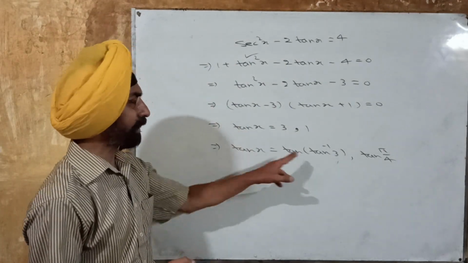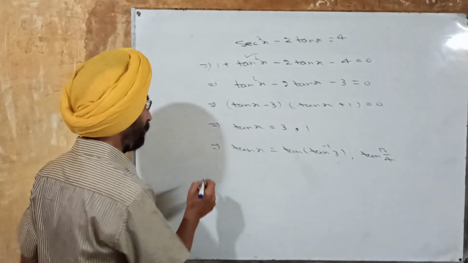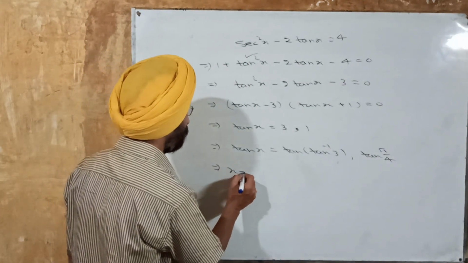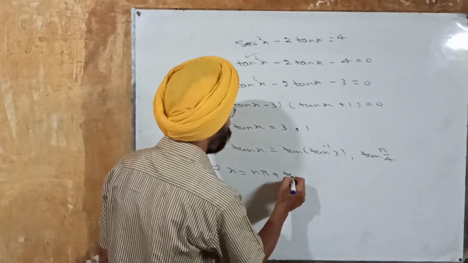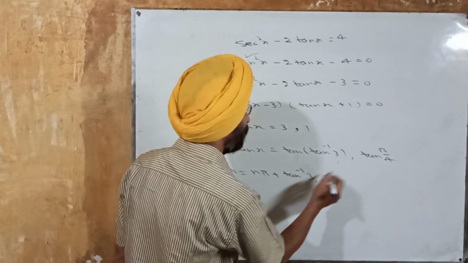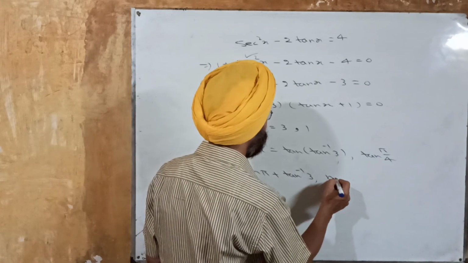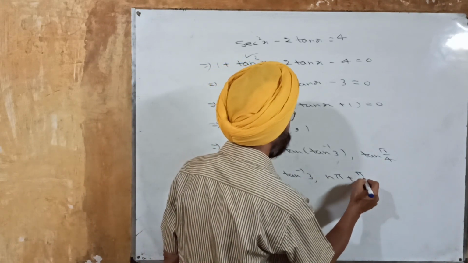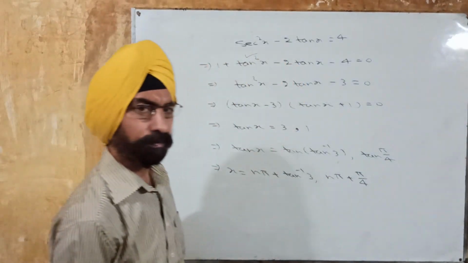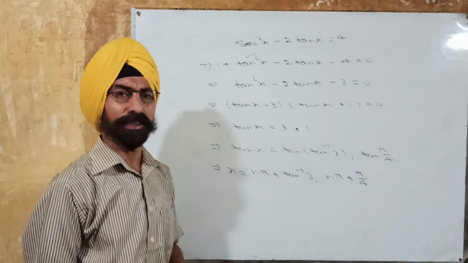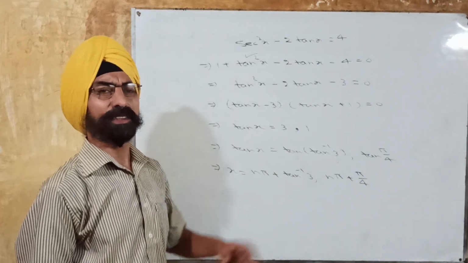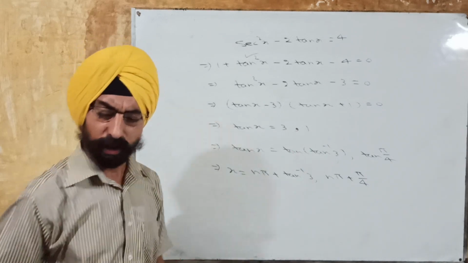Now if you take tan x is equal to tan of tan inverse 3, then your x will be nπ plus tan inverse 3, nπ plus alpha, and if you consider the other equation, then it will become nπ minus π by 4. So you can tackle this problem by writing this 3 as tan of tan inverse 3. In fact, the inverse trigonometric functions we will take later on.